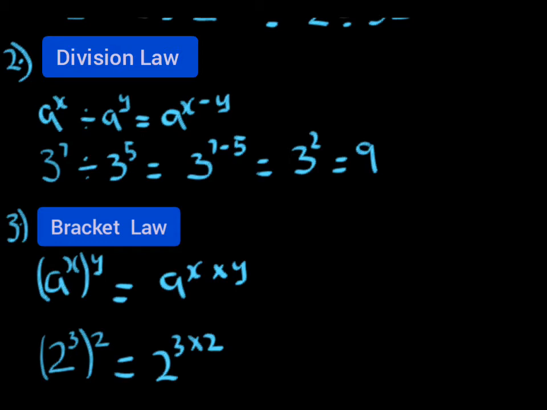In the product law, we add the powers, but here we multiply the powers. So 2 raised to power 3 times 2 gives us 2 raised to power 6, which would be 64.